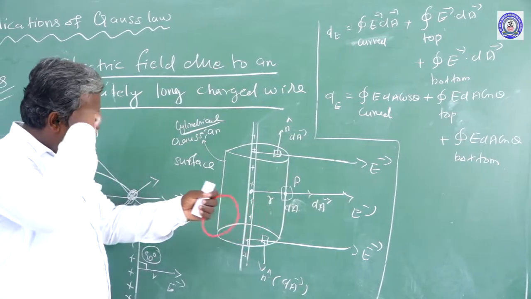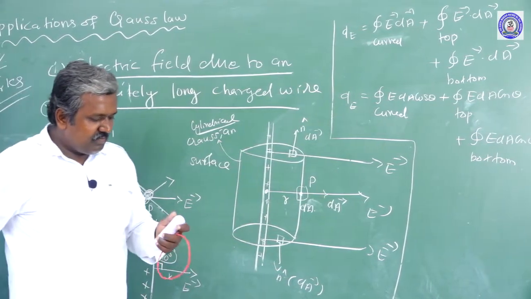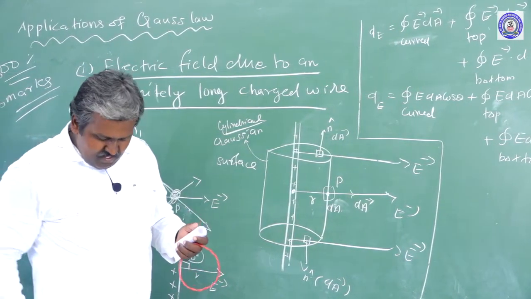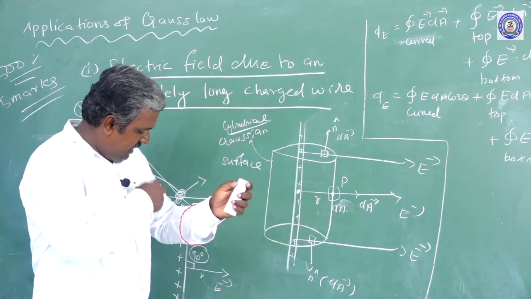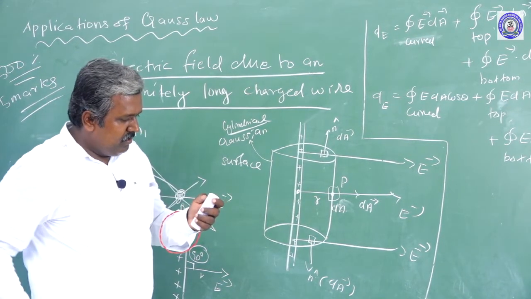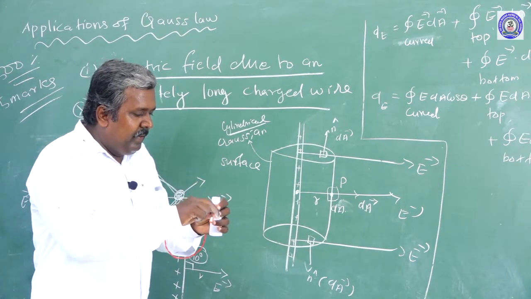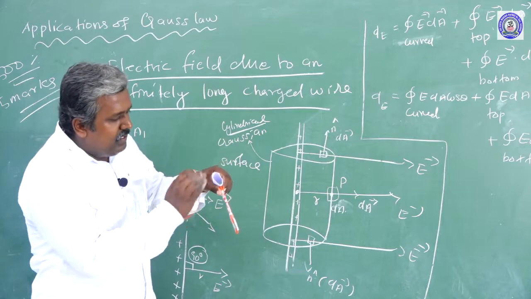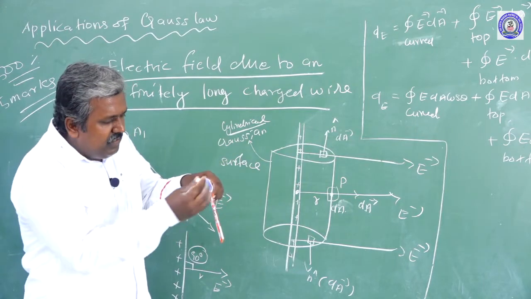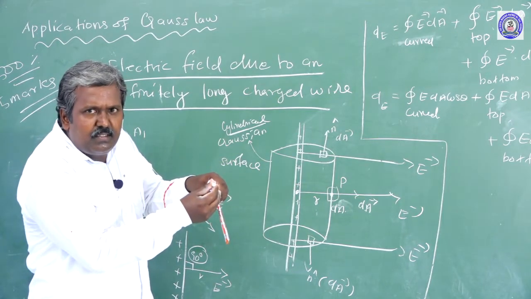Okay, right here this is the electric field, this electric field is constant. Here at the top surface, we must draw one normal. Am I correct or not? That is called the dA vector.